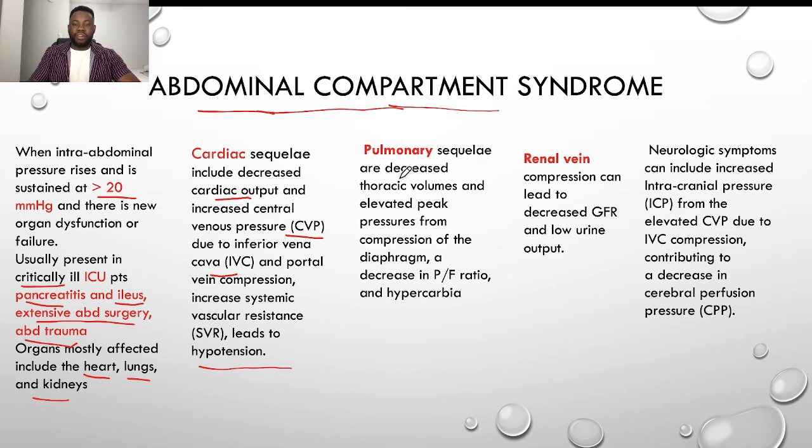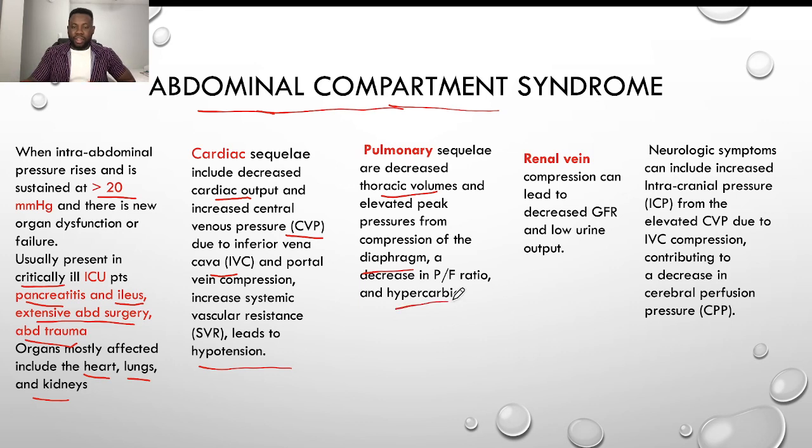Pulmonary: they will have a decrease in the thoracic volume because there is pressure coming from the abdomen against the thorax. So there is a decrease in the thoracic volume, and they have elevated peak pressure from the compression of the diaphragm against the thorax. There is also a decrease in our ability to expand the lungs, right?